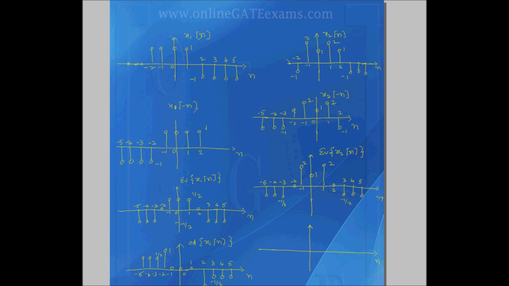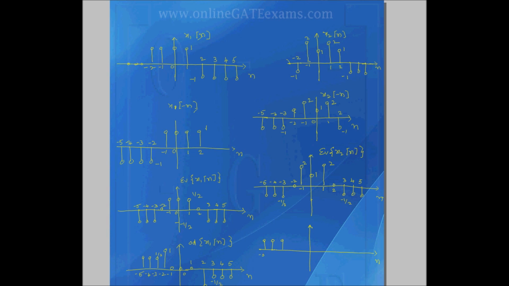If you subtract x2 of minus n from x2 of n, what do we get? From minus 5 to minus 3, x2 of n is 0 and x2 of minus n is minus 1. So 0 minus of minus 1 would be 1, and we divide by 2. So obviously the odd part will look something like this.